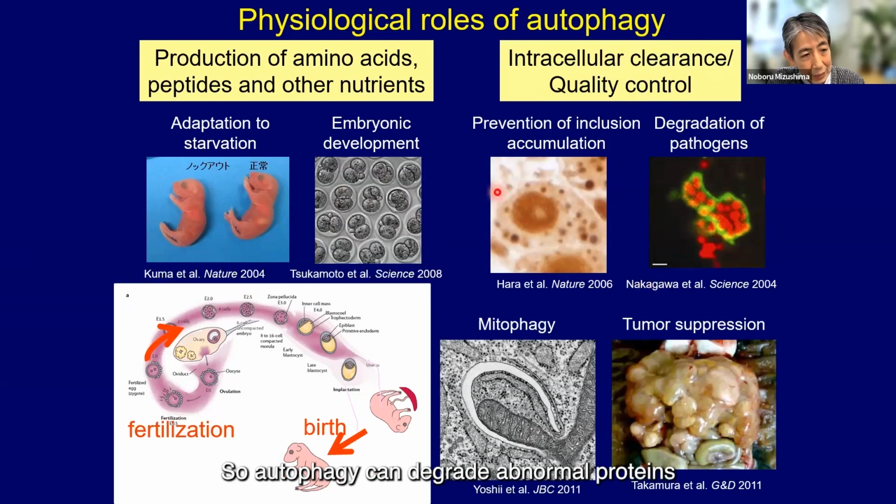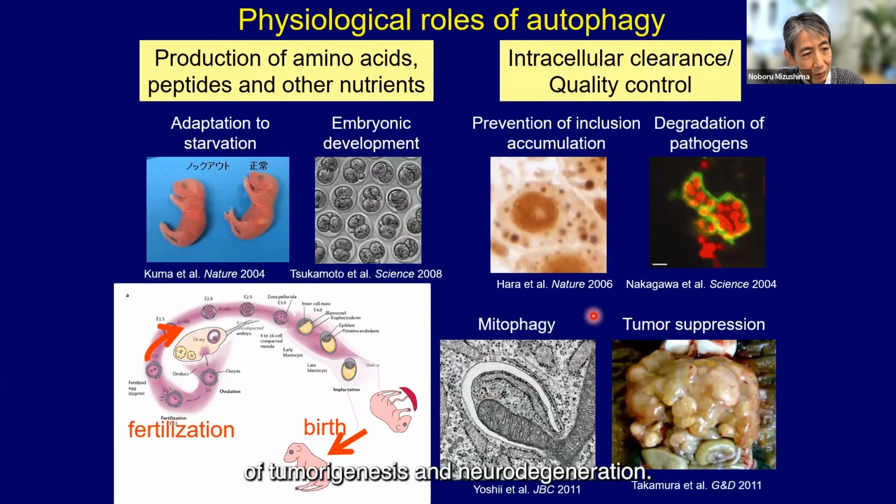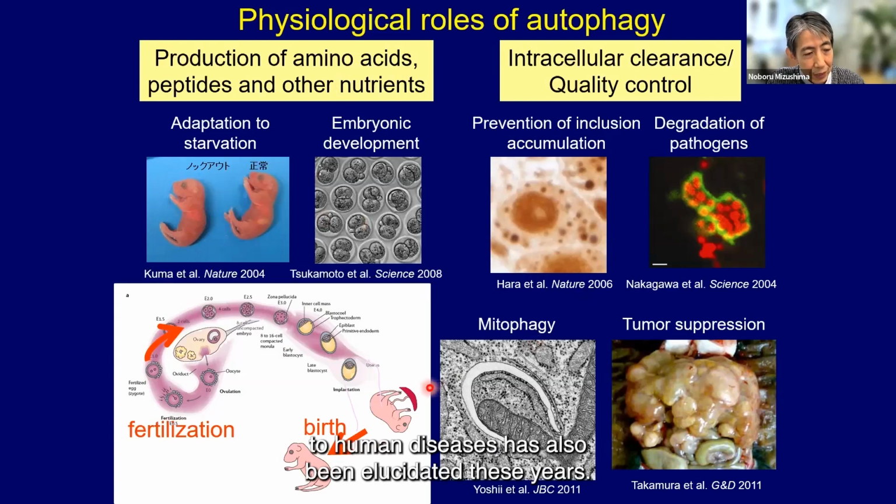Autophagy can degrade abnormal proteins and some organelles and even invading bacteria. This function is quite important for prevention of tumorigenesis and neurodegeneration. How these functions relate to human diseases has also been elucidated in recent years.